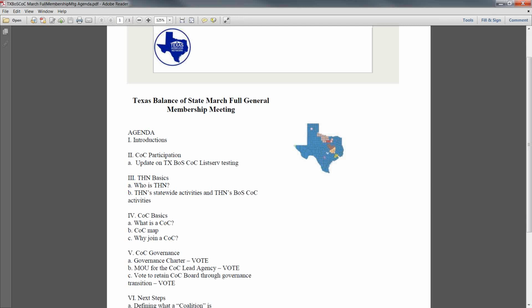And it's good for them to review this information, but it's also good for those that have been attending monthly to re-review this information so they can learn more about the Texas balance of state in preparation for a vote that we're going to have, well, 3 votes that we're going to have later on in the meeting.